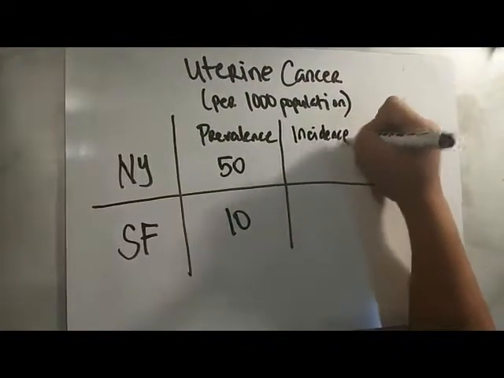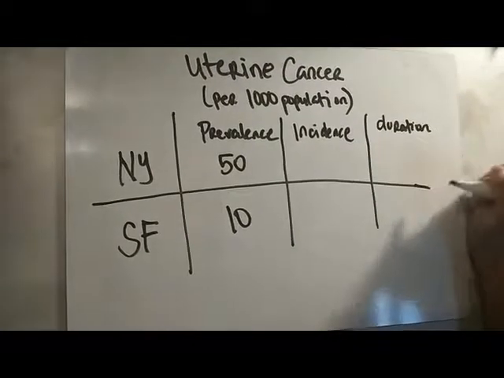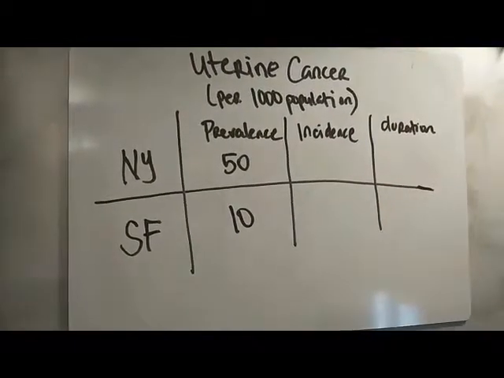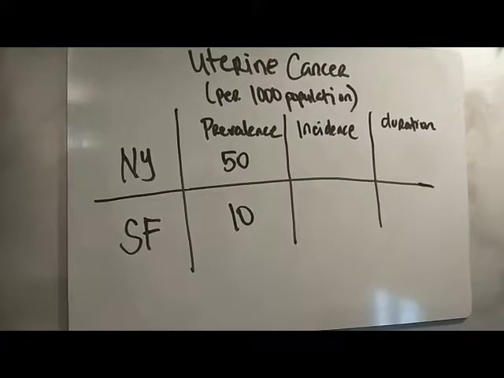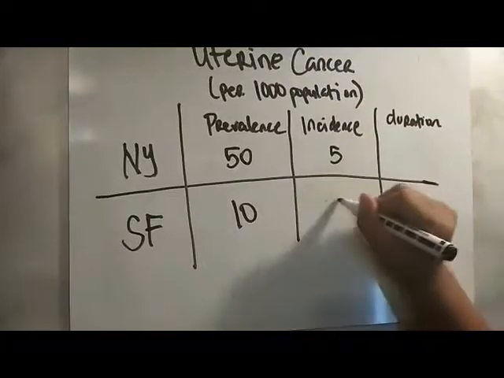So, to the person who's not familiar with the fact that prevalence is not a measure of risk, but rather a measure of the burden of the disease, it looks like New Yorkers are at an increased risk to develop uterine cancer. But we should know this is not true.